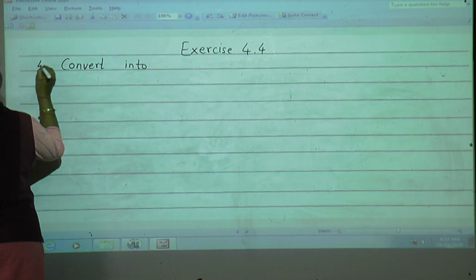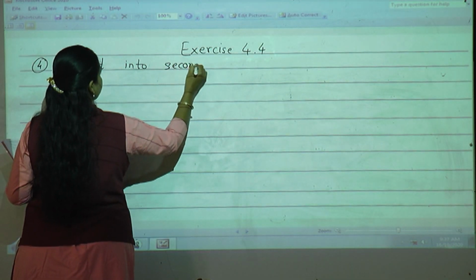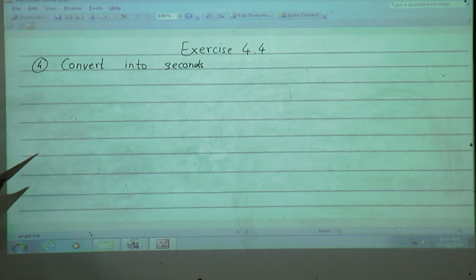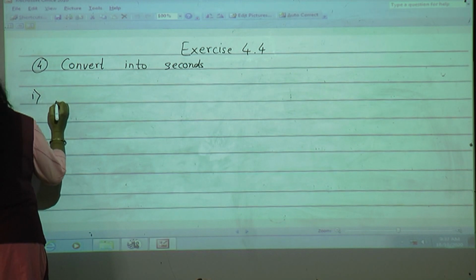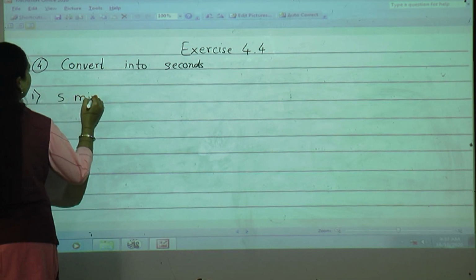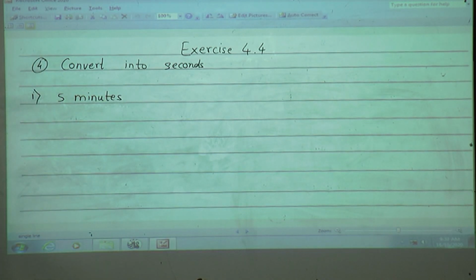In exercise 4.4, fourth question is convert into seconds. Just now we have converted into minutes, now we have to convert into seconds. In that first one I will solve for you. 5 minutes. Now they had given minutes. We have to convert into seconds. Okay. Now try to recall your memory what we have to do. When you want to convert minutes into seconds, we have to multiply it by 60.